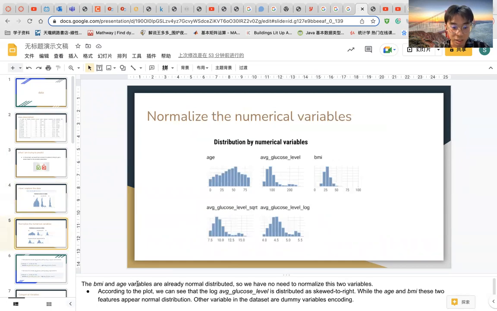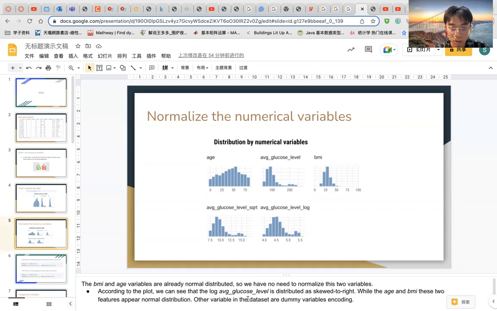According to the plot, we can see that the average glucose level is skewed to the right, while the age and the BMI features appear normally distributed.